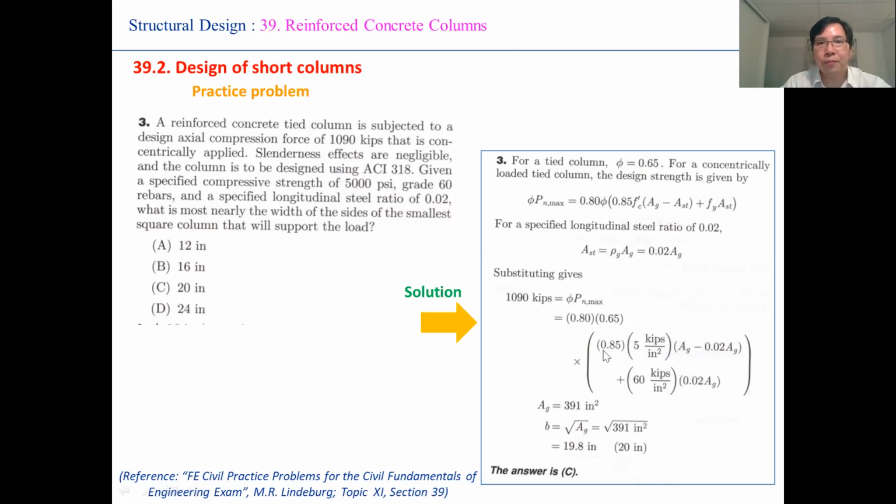So the solution for this practice problem: you can calculate firstly the design strength of the column given by this equation. And from this, you calculate the specified longitudinal steel ratio of 0.02 by this equation.